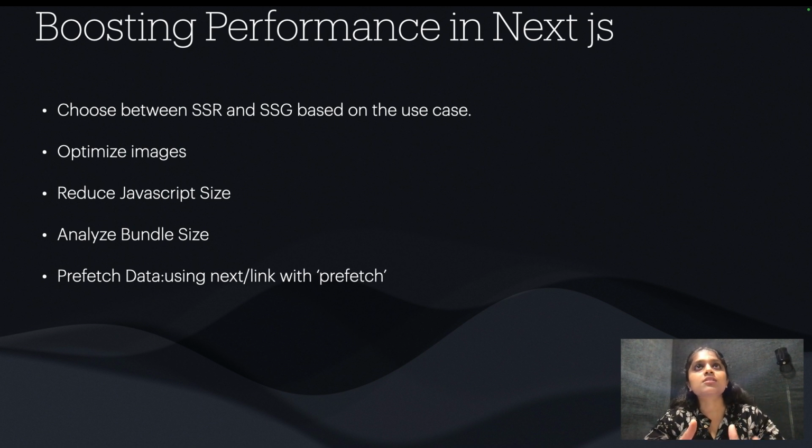We can fix this by checking for imports or code which we are not using and removing them, and by checking the scripts which we are loading and how we can optimize them. By that we can have a very good bundle size, by analyzing bundle sizes.